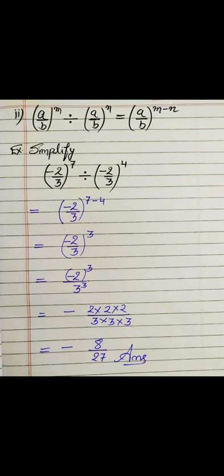The next law is power of a power. If a rational number a/b has power m, and then again has power n, then these powers will be multiplied. We will get (a/b) to the whole power m into n. In the example, we have (-2/3) to the power 2, and it again has a whole power 3.